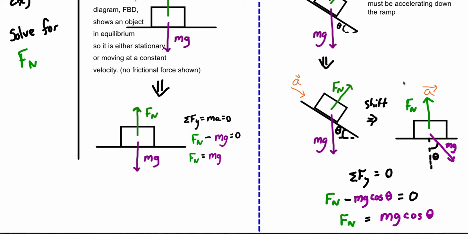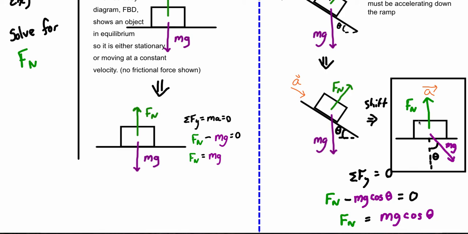So now let's just look at this scenario, and I'm trying to find out what my normal force is. I can use Newton's second law and sum my forces in the y direction and set it equal to 0. I can set it equal to 0 because I know that the box is not coming off of the ramp and the box is not going below the ramp. So in the y direction, these have to be equal to each other.